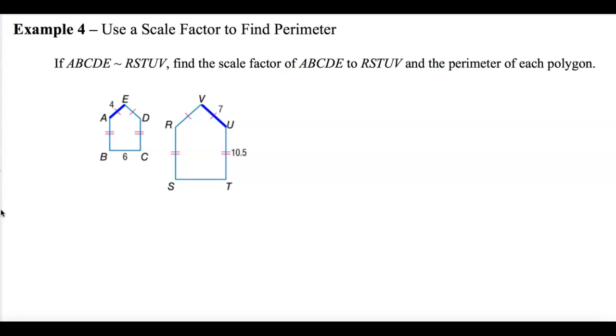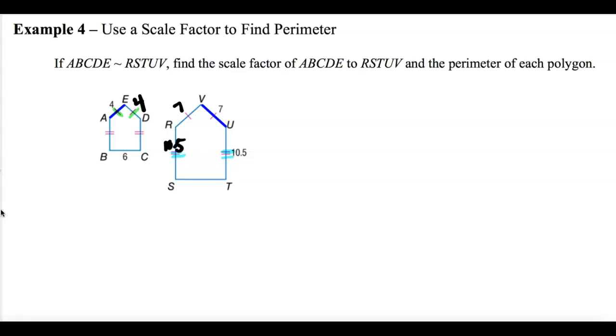This little tick mark right here is telling us that these are the same, and it is also telling us that these are the same, and they are similar in the other shape as well. So let's see, if this side here is 7, then this is 7. If this side is congruent, then this is 4. We also know that this side has to be 10.5, and it wants us to find the perimeter.